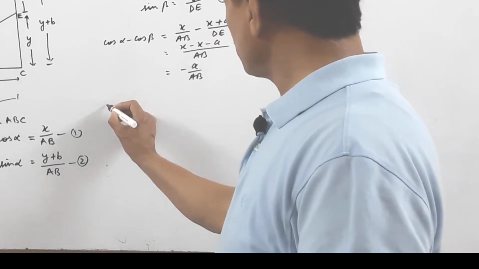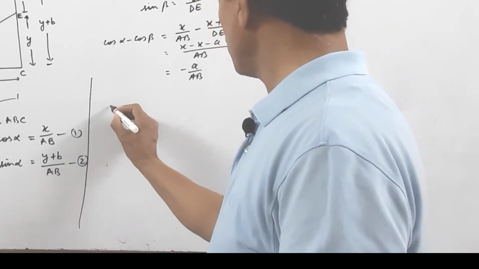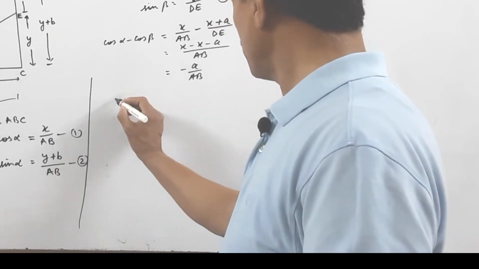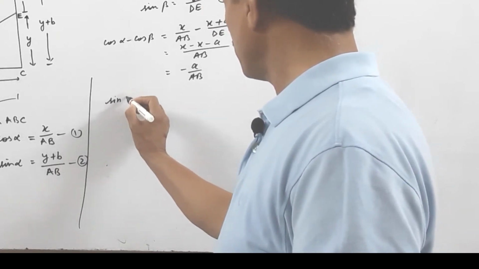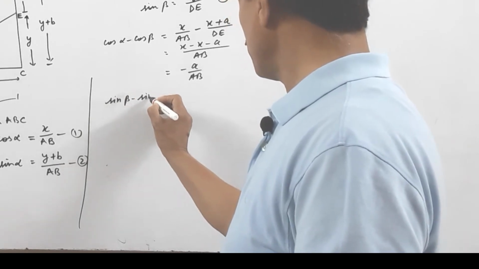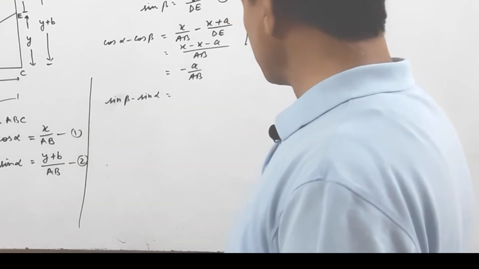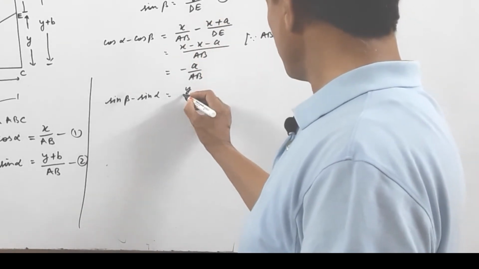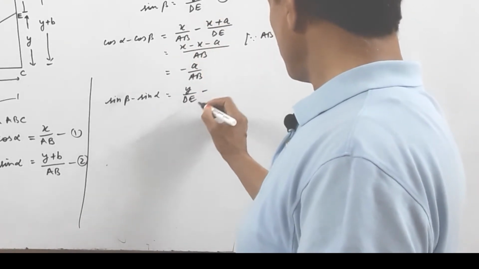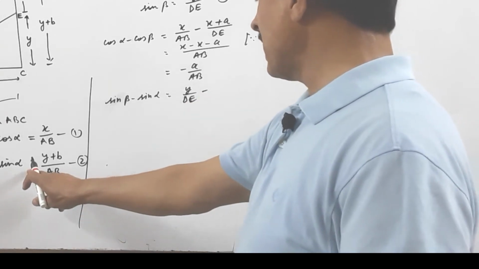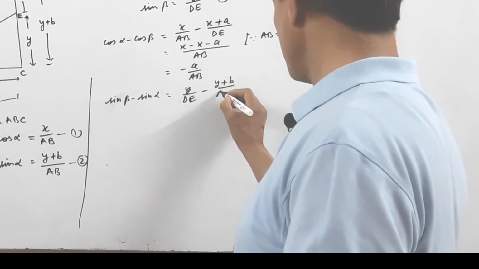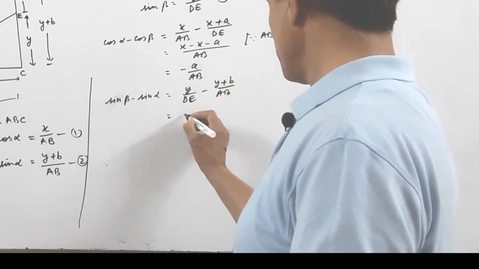Sin beta minus sin alpha is equal to y upon DE minus y plus b upon AB.